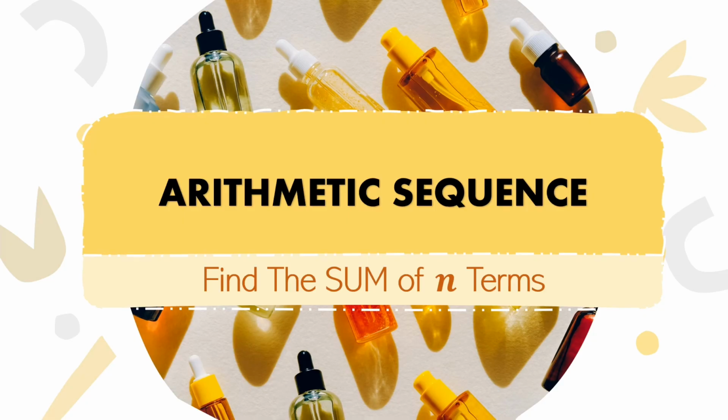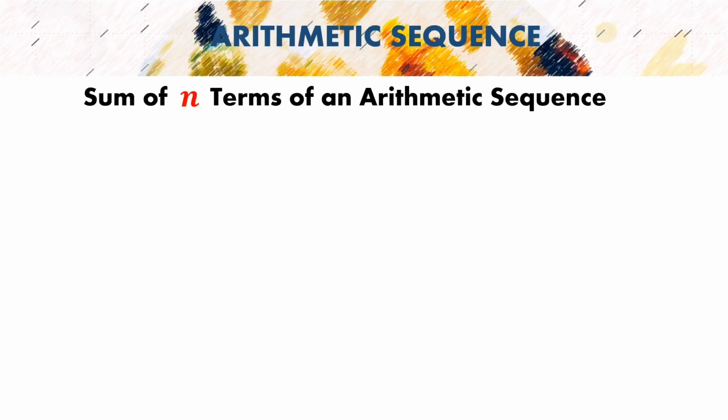Hi everyone, this video is about arithmetic sequence, focusing on finding the sum of n terms of an arithmetic sequence. So for the sum of n terms of an arithmetic sequence, let me clarify the following.